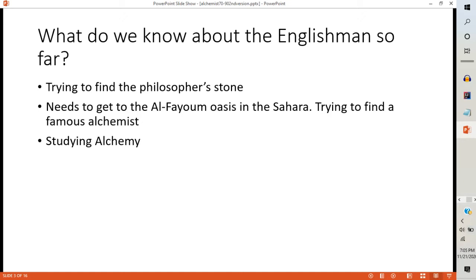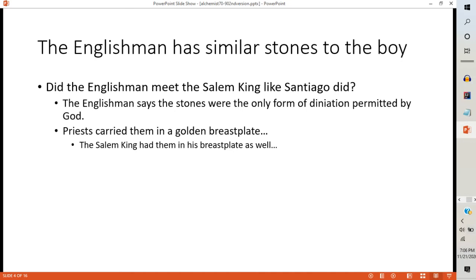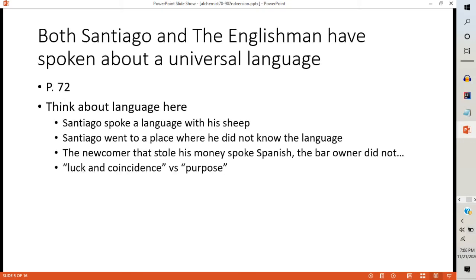When you hear the Englishman, this illustrates something in your mind of royalty or somebody who is of higher status. What do we know about Santiago? Santiago, shepherd, came from a small village. Parents wanted him to go into the church. So they're both trying to go towards a personal legend, but they both come from different backgrounds.